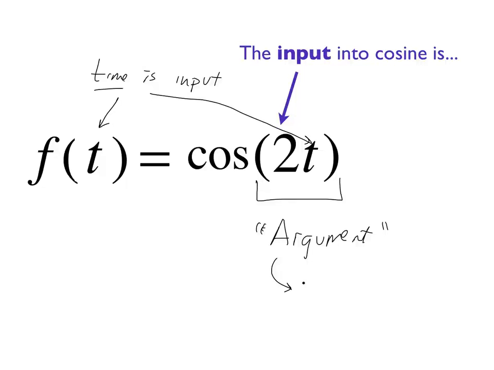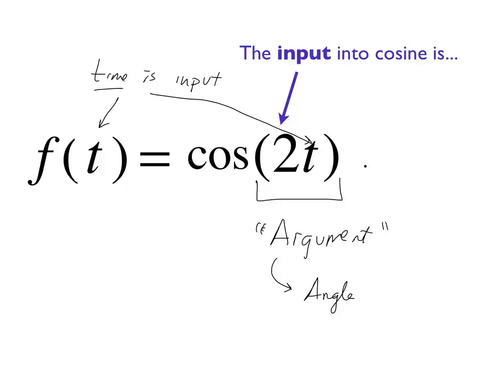What kind of quantity is that? Is it time? Is it time elapsed? The argument is time elapsed. Agree with that? No. What is the argument? It's the angle. It's the angle swept. The argument is the totality of what we're putting into cosine.